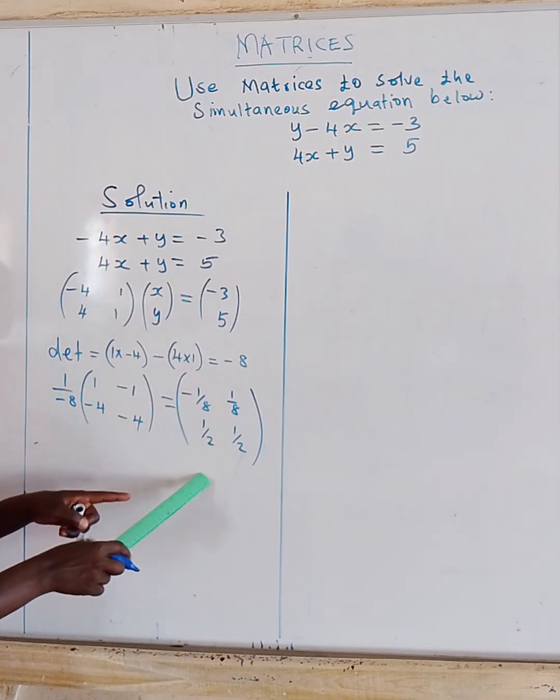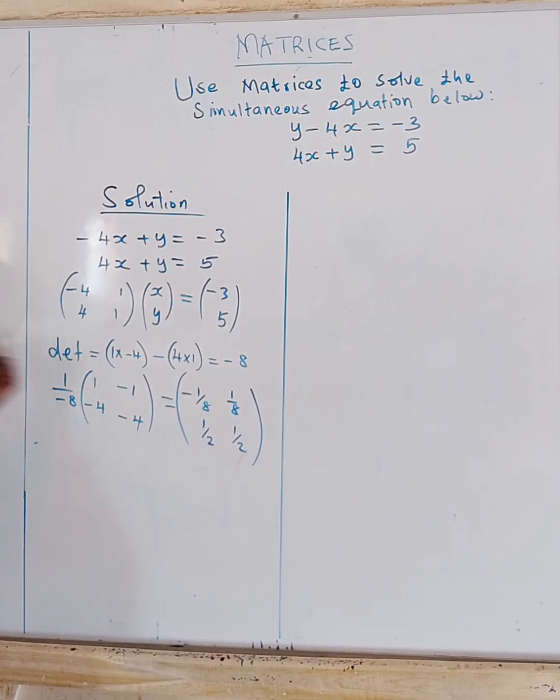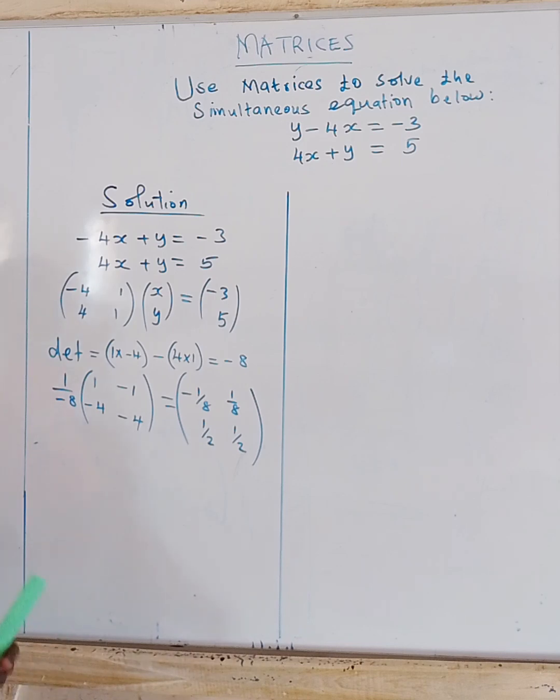Once we get the inverse, we multiply it with both the left hand side and the right hand side of the matrix equation.